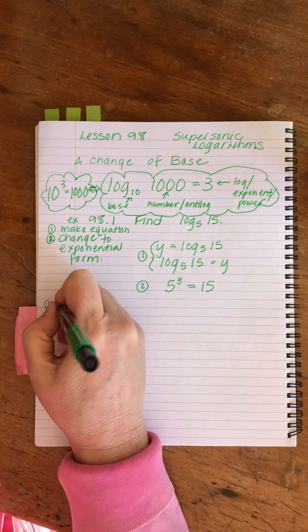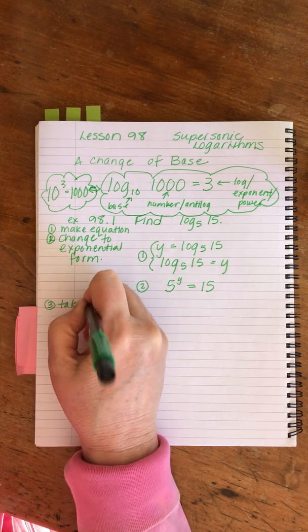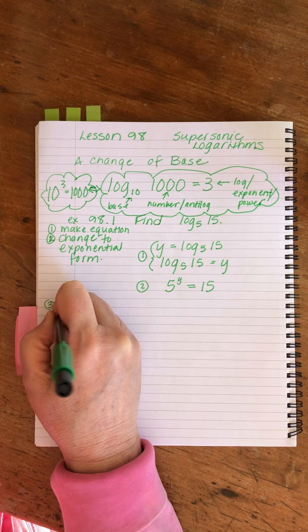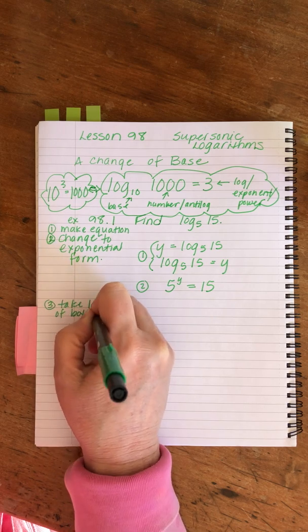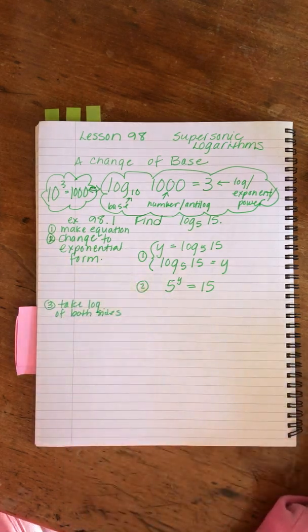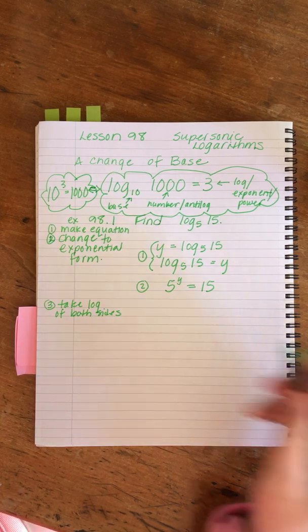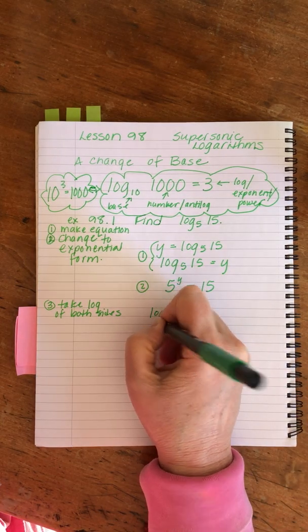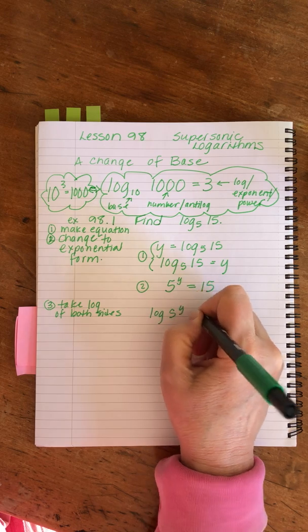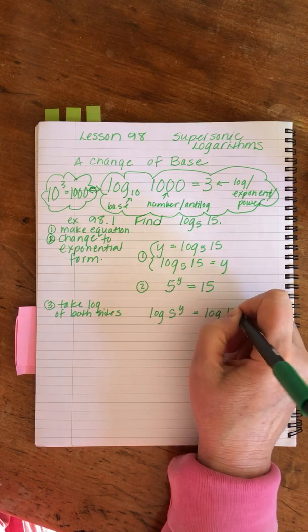The third step is now we're going to take the log of both sides. Remember, we're allowed to do that. So we're going to say log of 5 to the y equals log of 15.